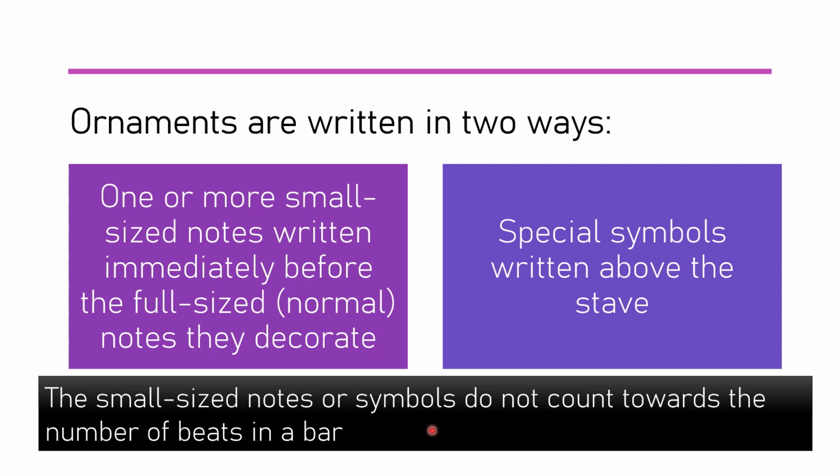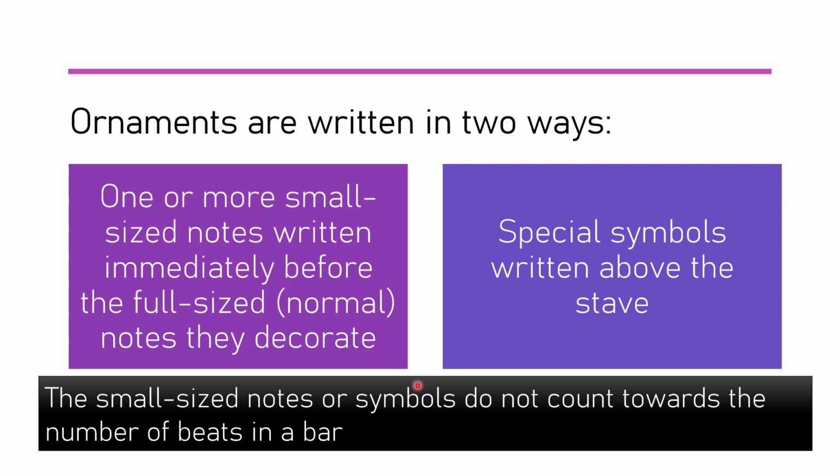They do not affect the time signature. So whether the ornaments are there or not, the number of beats in a bar are the same. It's not as if when you introduce an ornament, it increases or diminishes the number of beats in a bar. It's not affected, so you need to see how you can still play the song with the ornament and yet maintain the number of beats in the bar. So that's where some expertise needs to come in.